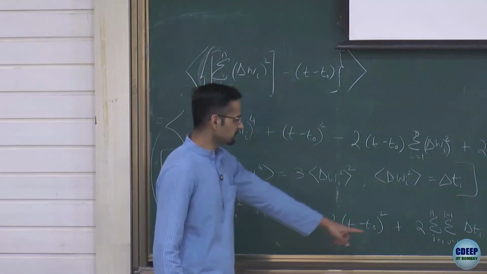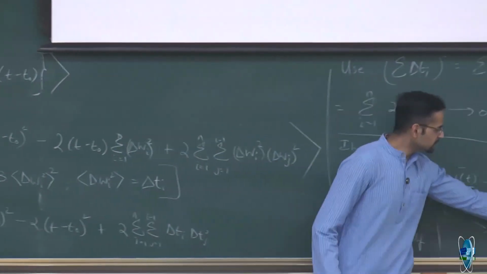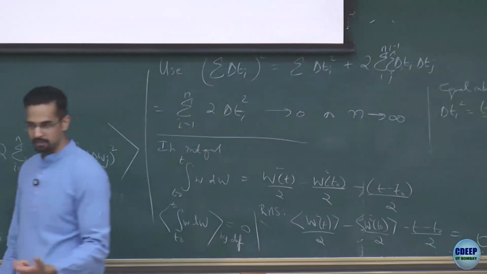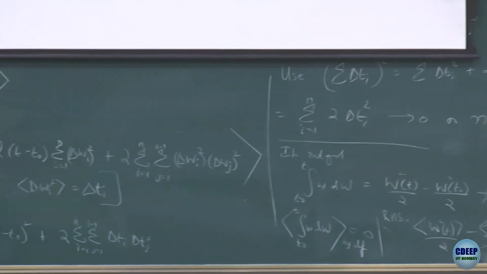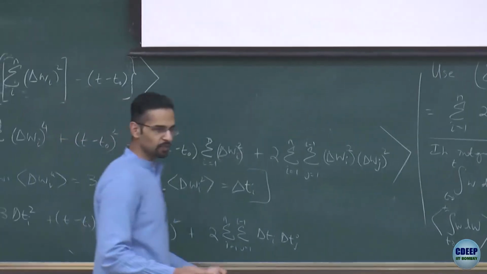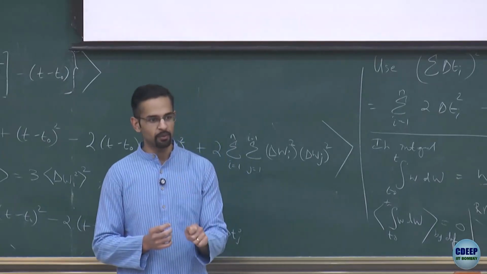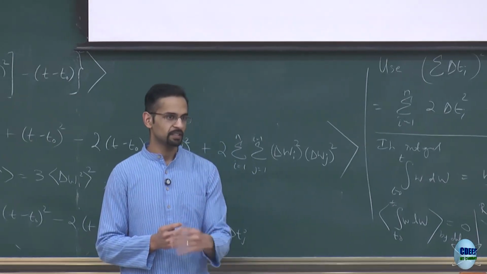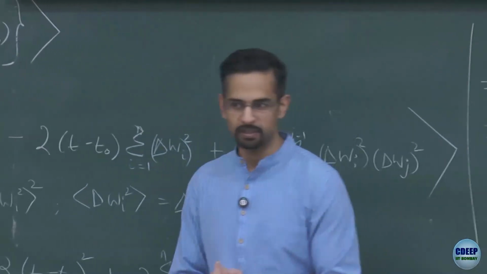So this extra thing is coming from delta w squared. Because remember the Wiener process, as you will see, I'll formalize it in the next class, but the whole idea of stochastic calculus becomes very simple once you recognize that dw behaves like root dt. This is the kind of heuristic rule to get intuition about these results.